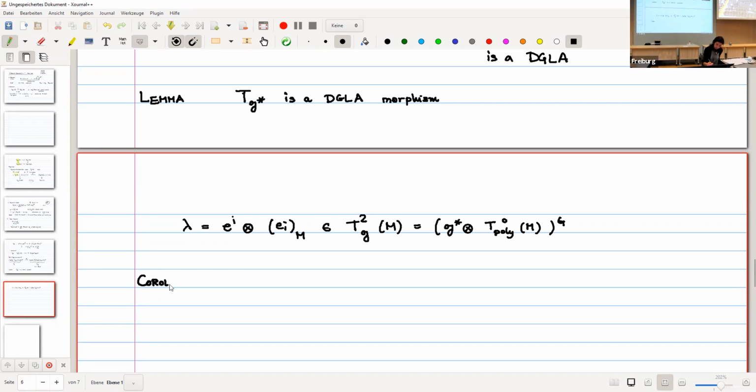This is a corollary. Now let me write the explicit statement. You have your complex with this curvature, with the differential given by the momentum map and the usual Schouten bracket. And then you expand with this point of view of the Taylor expansion.